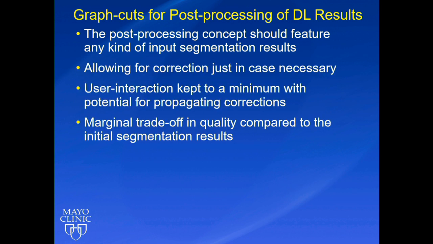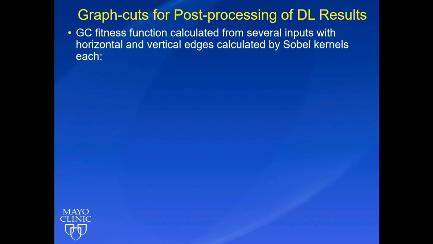And our goal is a marginal trade-off in quality compared to the initial segmentation. Also, it's adapted by the user, and also in this graph cut, which is not that accurate, the trade-off should be negligible. And the user interaction should be kept to a minimum. So nobody wants to do all the manual painting once again.